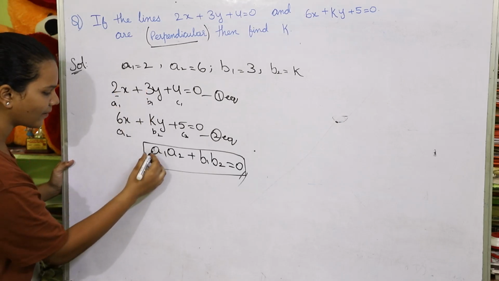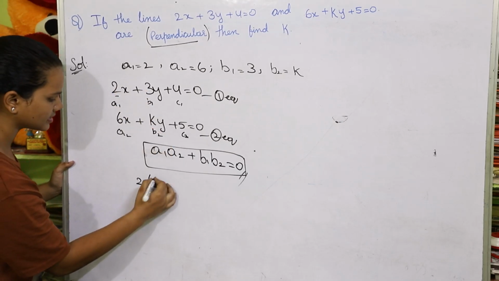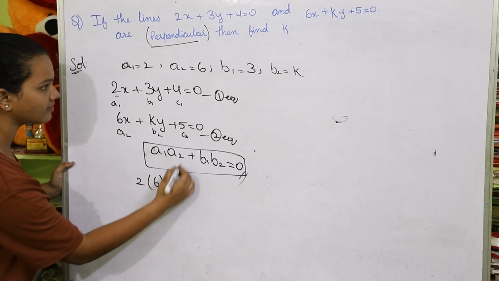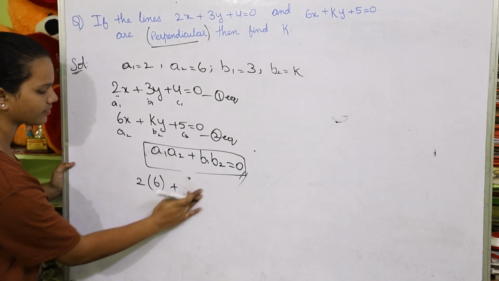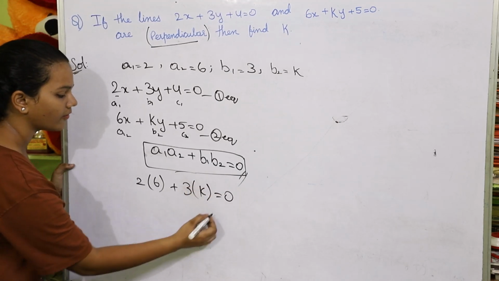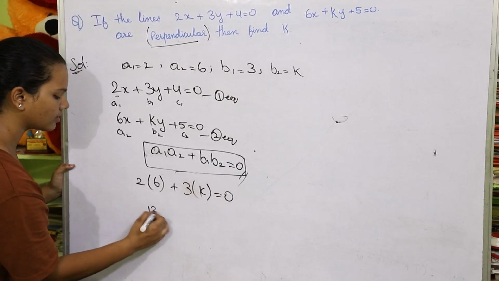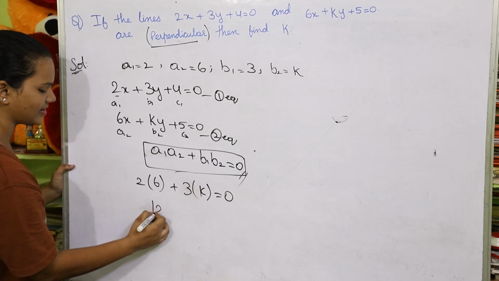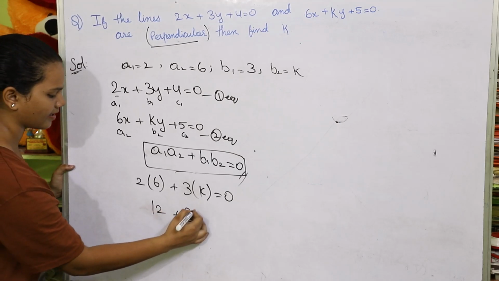Here you have the a1 value 2 into 6, the a2 value, plus the b1 value 3 into k. So 2 times 6 is 12, plus 3k. We know this.